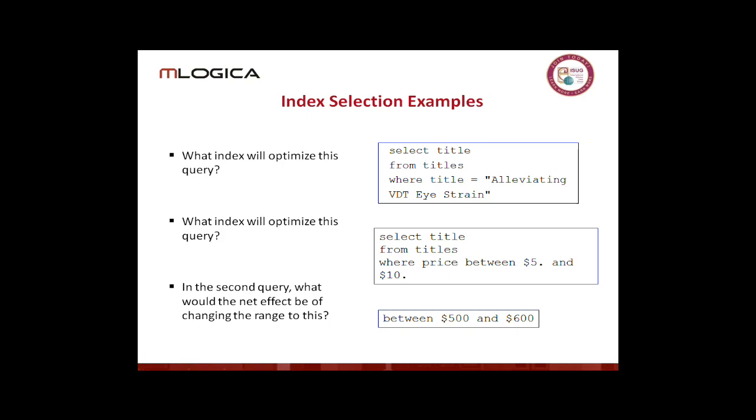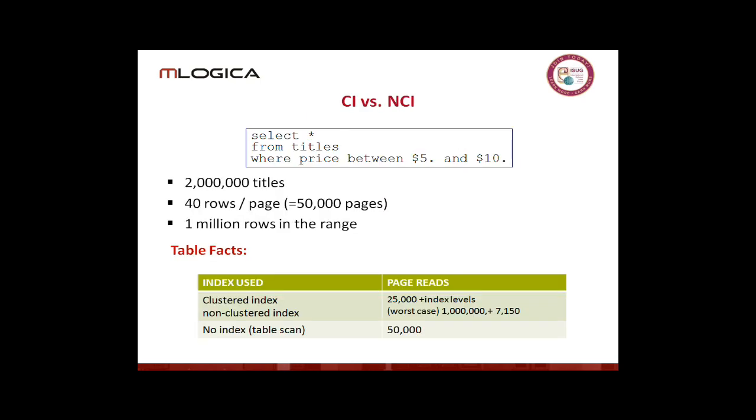If I bring back all the books between $500 and $600, I probably won't get very many. Where appropriate, we'll let the optimizer know how much data it's going after, because then it may help make that decision as to whether it's going to use or not use that non-clustered index.